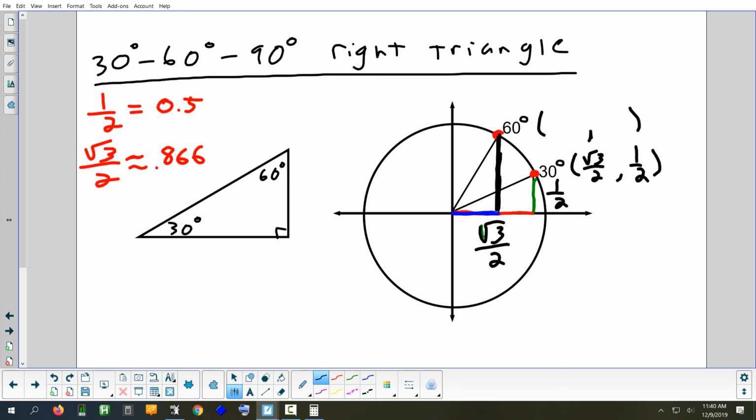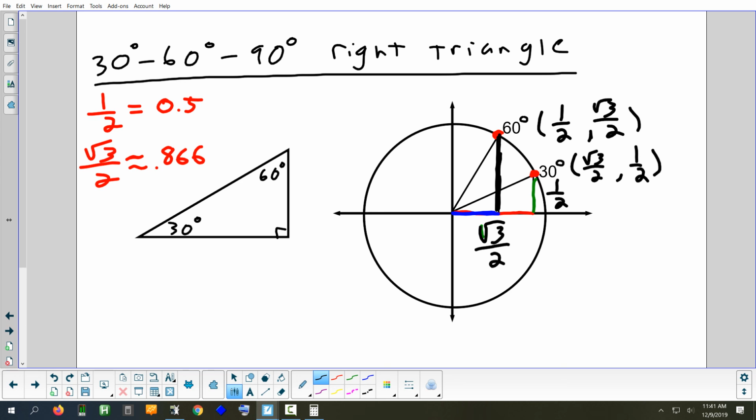So this time, for the 60, the short side is now on the bottom. So the bottom is 1/2. And the tall side gets the tall number, big number, 0.86 square root 3 over 2. So all that happens in a 30 and a 60 is the x and the y switch.